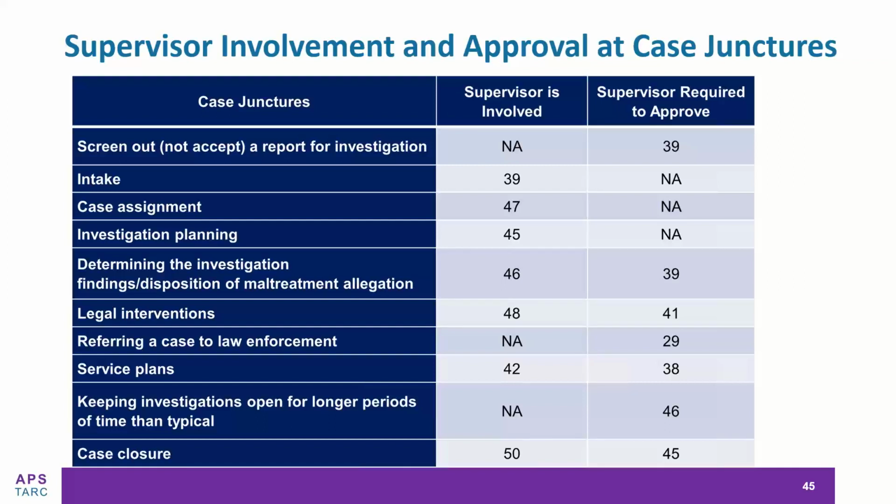This documents that we cannot put too much work into supporting and helping our supervisors, because if we're asking them to be involved in all this, to train staff, to approve casework, they are, it seems to me, our key leverage point for improving APS casework.